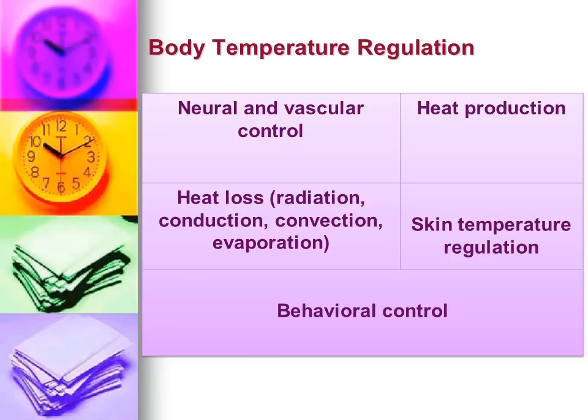The neural and vascular control is governed by the hypothalamus, this is located in the cerebral hemispheres. The hypothalamus works like a thermostat in establishing a comfortable body set point. The anterior hypothalamus controls heat loss, and the posterior hypothalamus controls heat production.